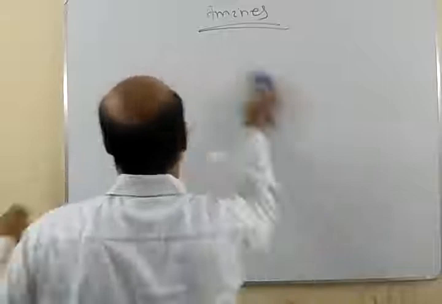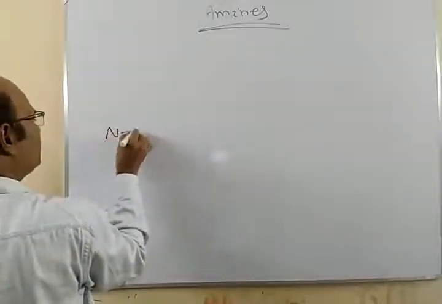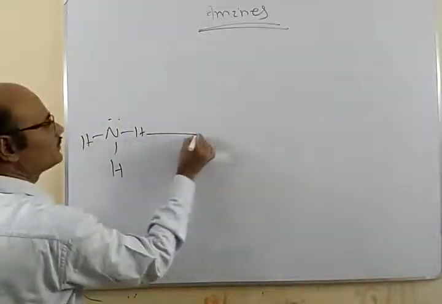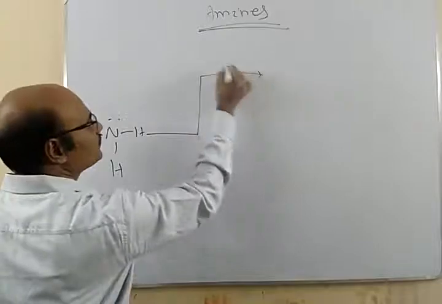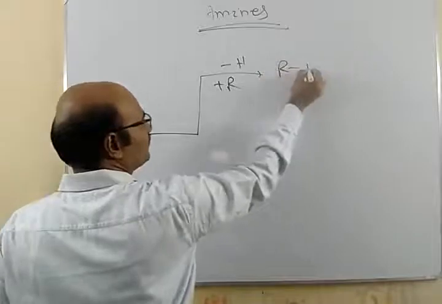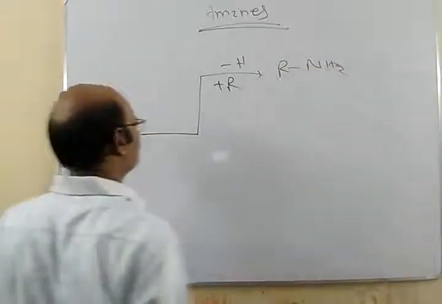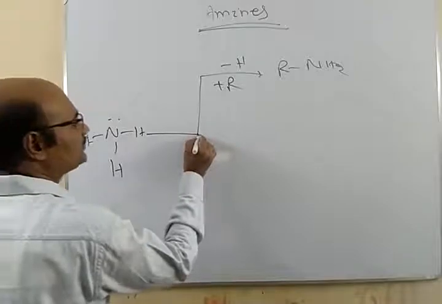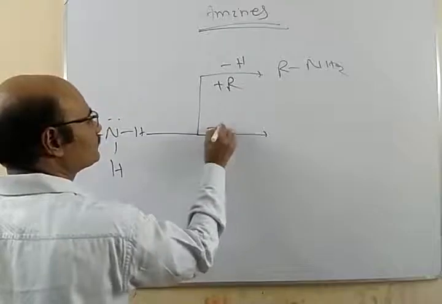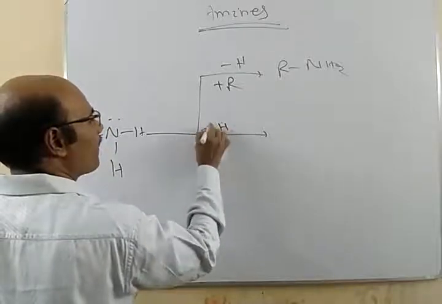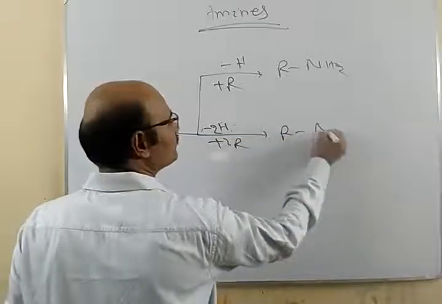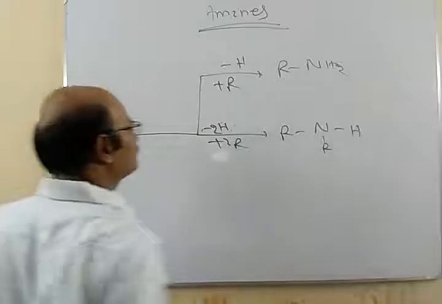So if I take NH3, ammonia, and replace one H with R, I will get RNH2. If I take two H and replace with two R, I will get R-N(H)-R.